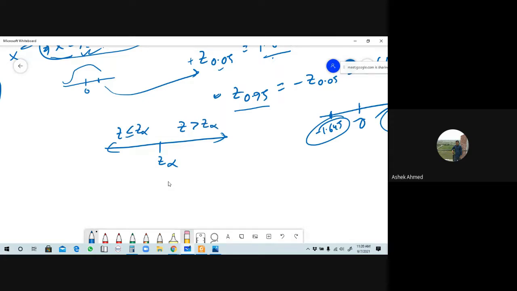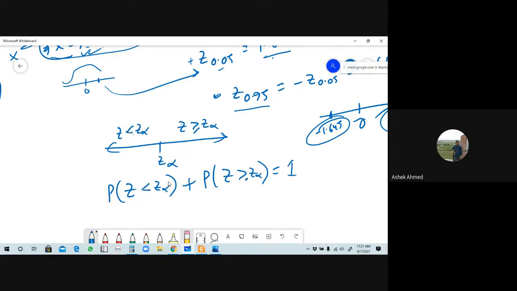Okay, from probability we can say that the probability of capital Z less than or equal to z of alpha plus the probability of capital Z greater than z of alpha is one, total probability is 1. So if it is only less than, then the other is greater than.